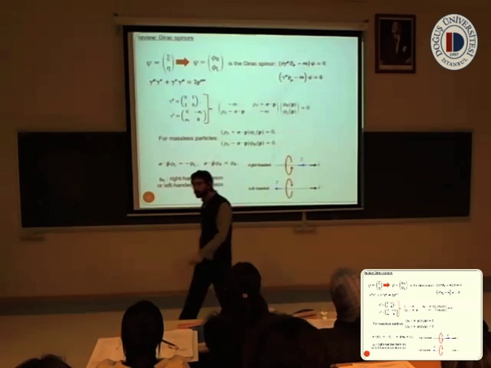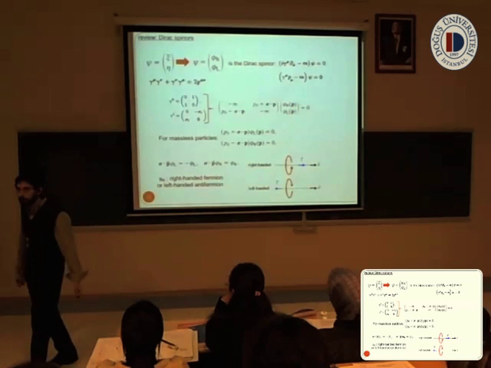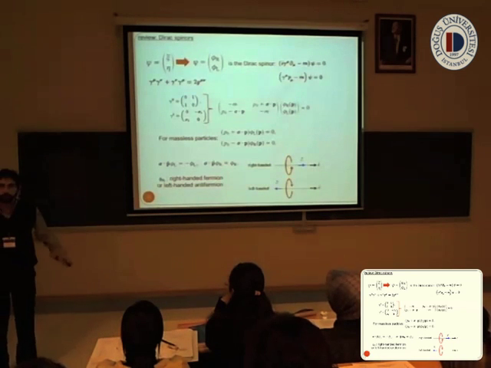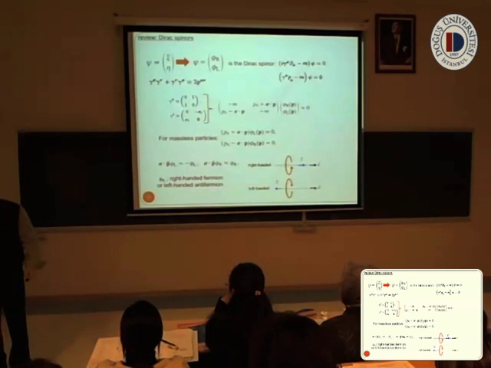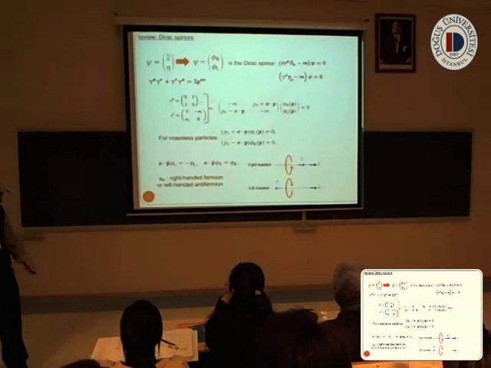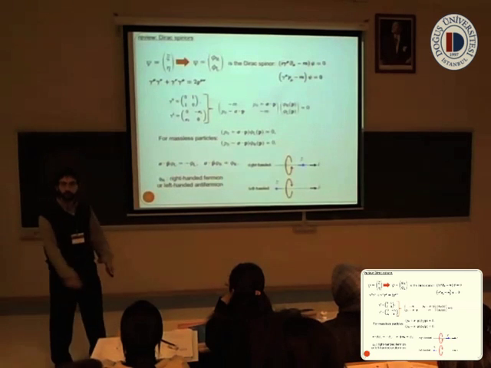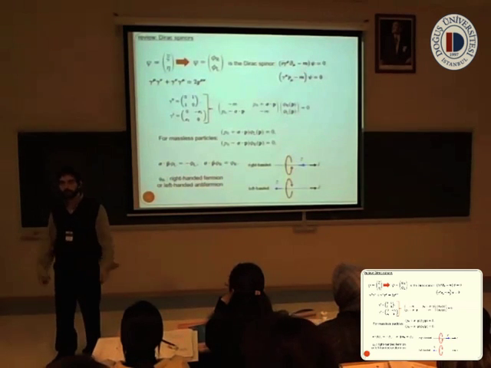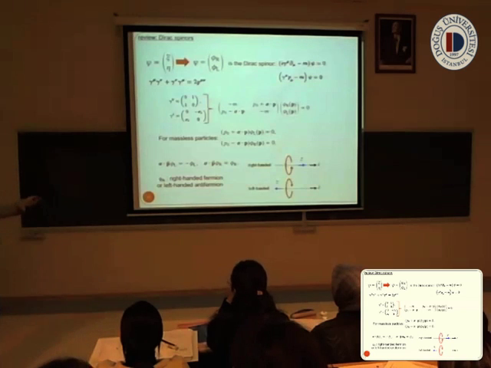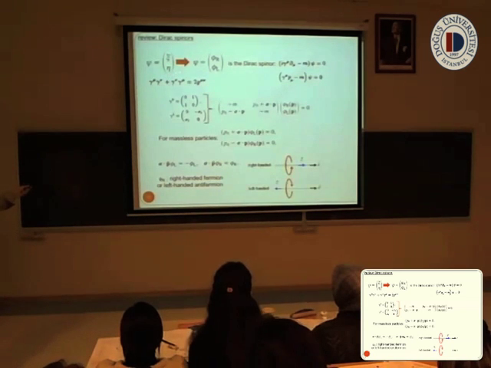So, the solution of the Dirac equation is a 4-component object, whereas the basic spinors that I was talking about were 2-component objects. Alright, so to form a Dirac spinor, you combine the two types of spinors that I was talking about, and together they make up the Dirac spinor.